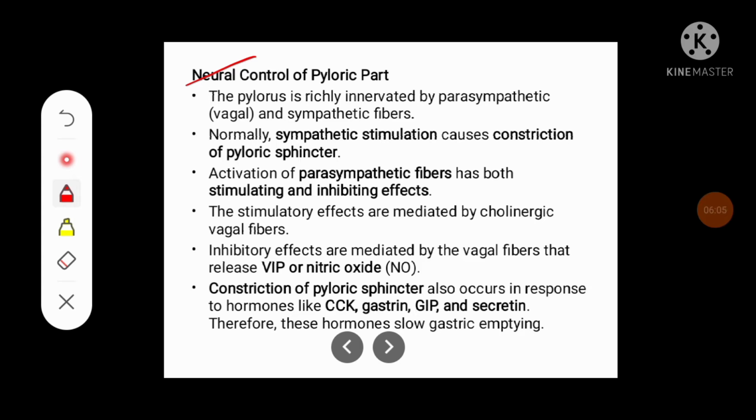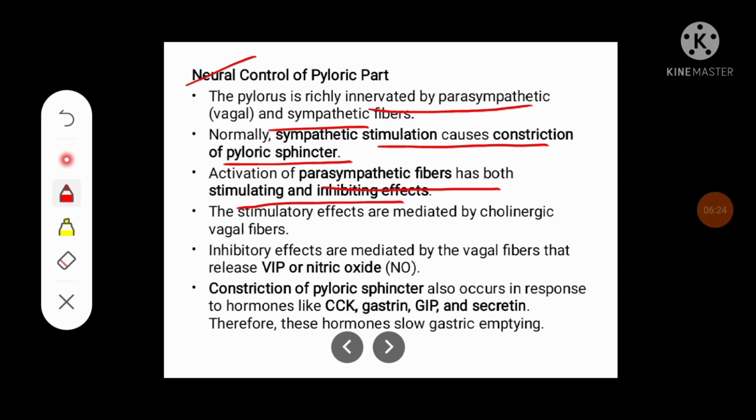Neural control of the pyloric part. The pylorus is richly innervated by parasympathetic and sympathetic fibers. Normally, sympathetic stimulation causes constriction of the pyloric sphincter, and activation of parasympathetic has both stimulating and inhibiting effects.